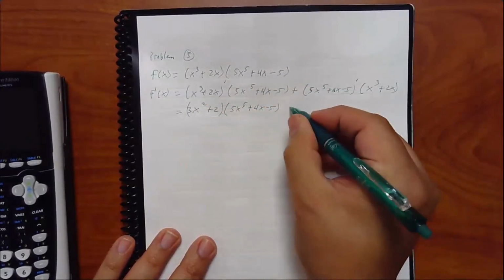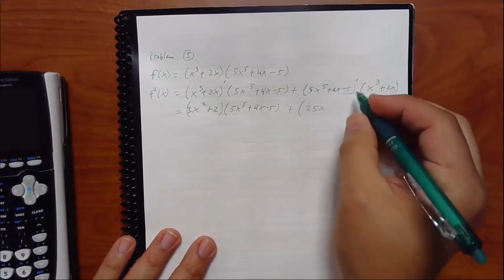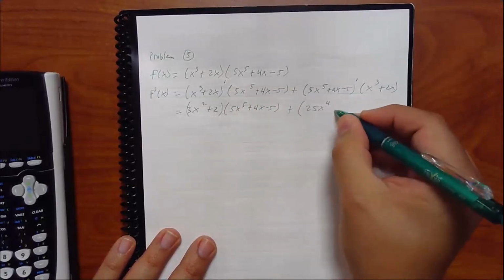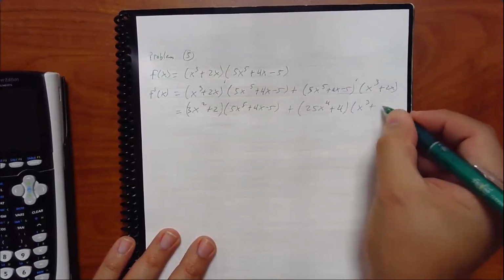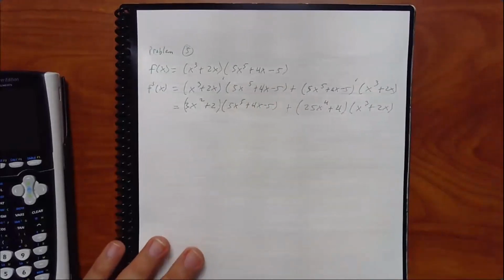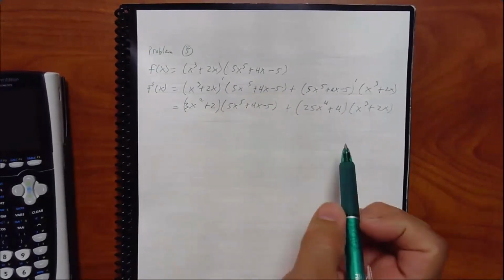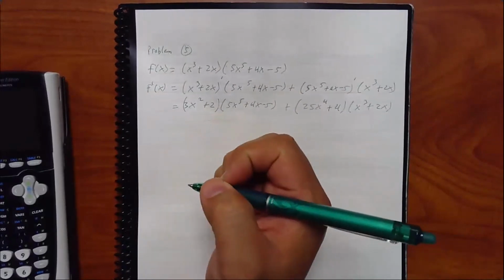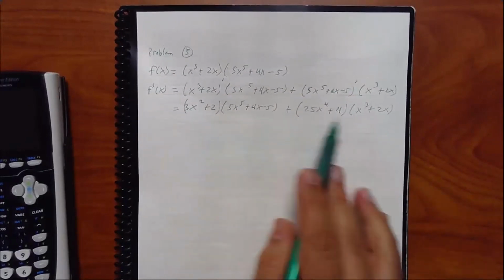Derivative of this will be 25x to the fourth plus 4. All right, so that's the derivative. Technically you can FOIL all this out. That is the first derivative. Any questions on the product rule?